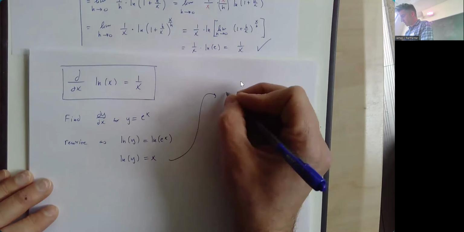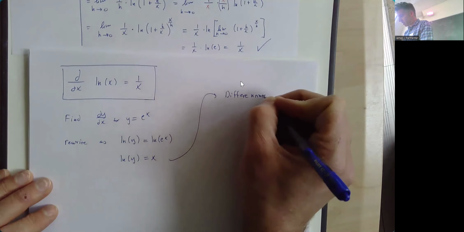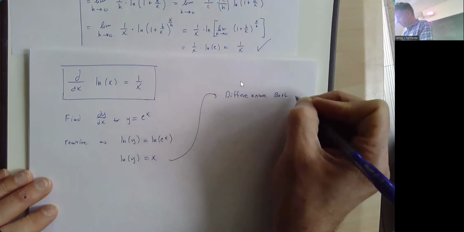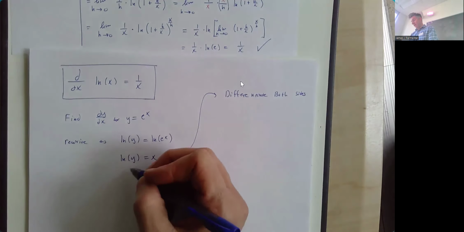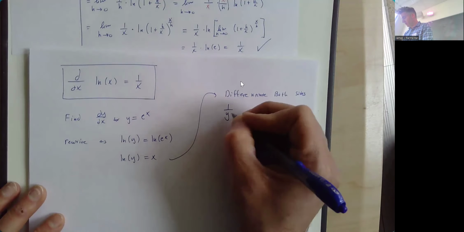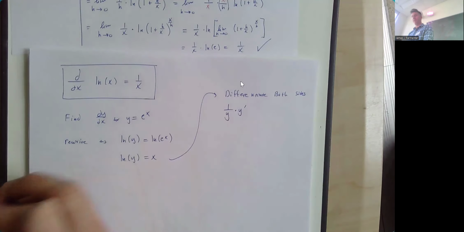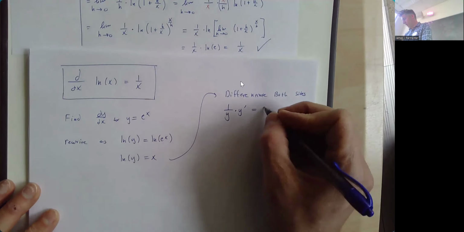We're going to take the derivative of both sides, again making the assumption that y is a function of x. So when we differentiate the natural log of some stuff, it's going to be 1 over the stuff times the derivative of the stuff. On the right-hand side, the derivative of x is 1.